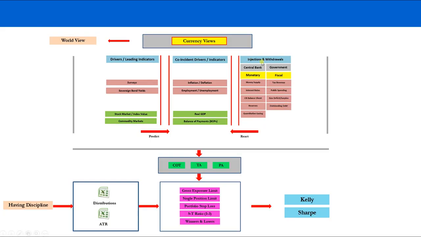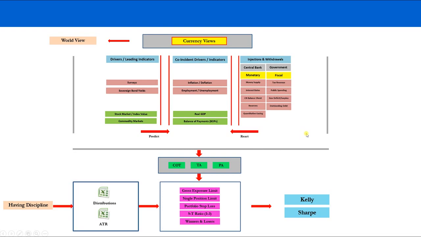And when we break this down, we break it down into the four main areas. We have our idea generation area, exactly the same way as we do it across all asset classes. Our idea generation area first.